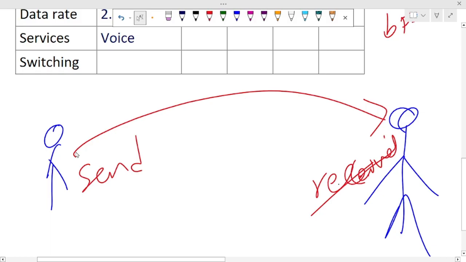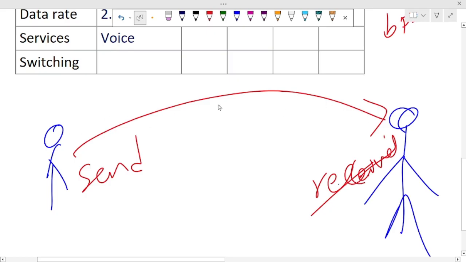Now the thing is this: if you use a particular channel, one channel, when I say channel we are talking about frequency. One frequency is given to this particular guy: use this frequency until you are done. If you are through with your communication, then you can hang up. But all those while, even if you are talking or not talking, as long as you still have that channel to yourself, nobody will make use of it.